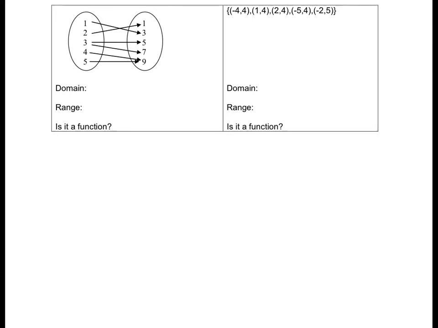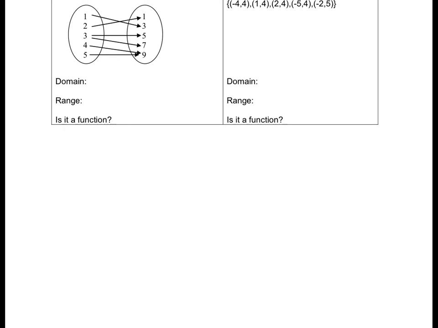The next one is this one here. You can see that the domain are the values 1, 2, 3, 4, 5, all these values. And if you notice, I'm not writing x in R because R represents all the real numbers, meaning a number like 1.5 is also in R. So we cannot write x in R. We just have to include all the values, which is 1, 2, 3, 4, 5.